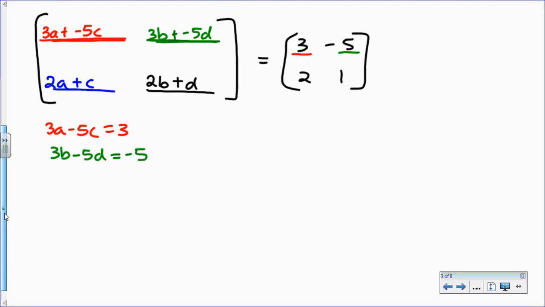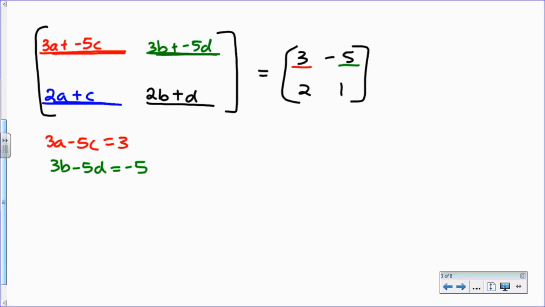And then 2A plus C should equal what? 2. And 2B plus D should equal 1.